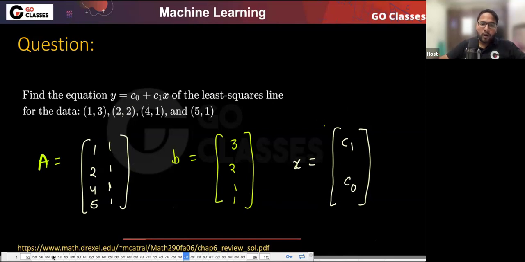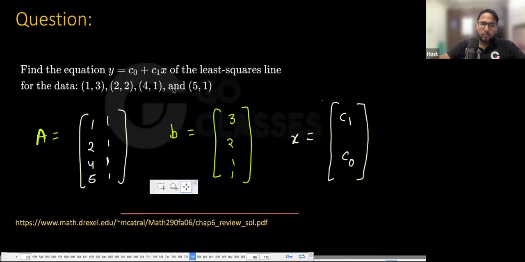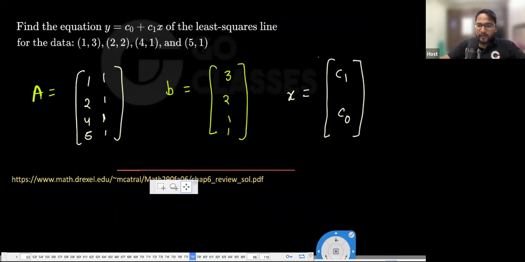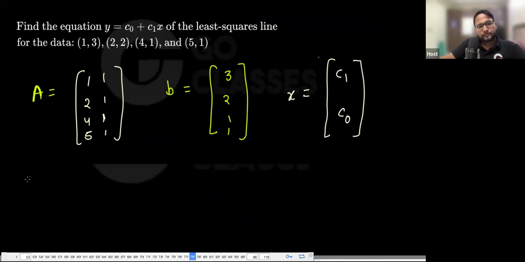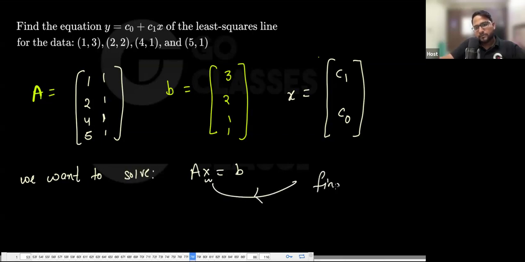Now, what do you want to solve? You can directly solve for the normal equation, but ideally what we want to solve is this, and find X. But most of the time, we can't solve it. We will talk more about it.